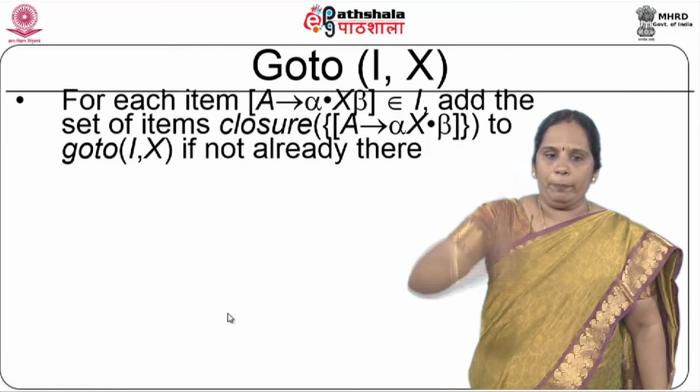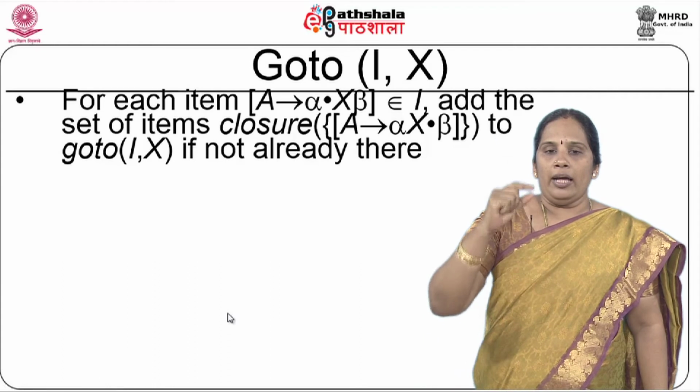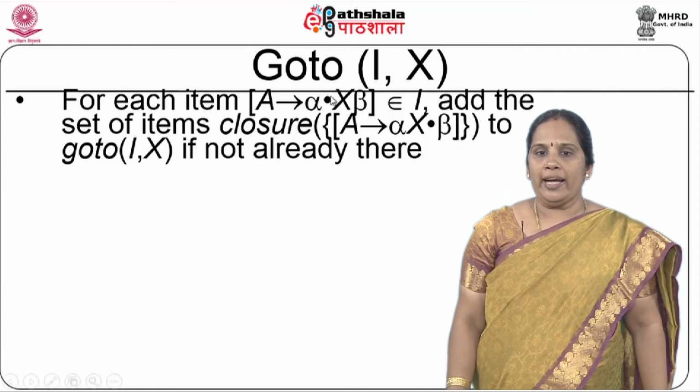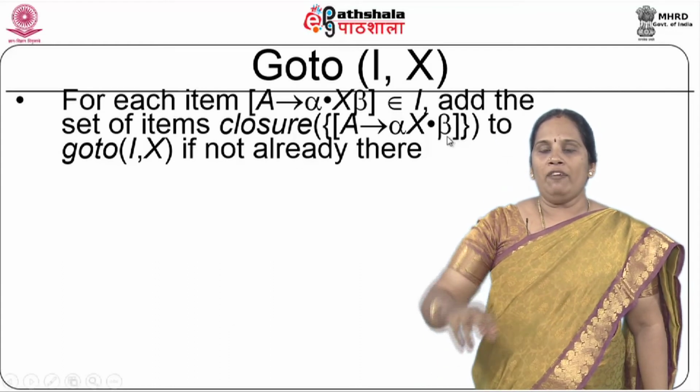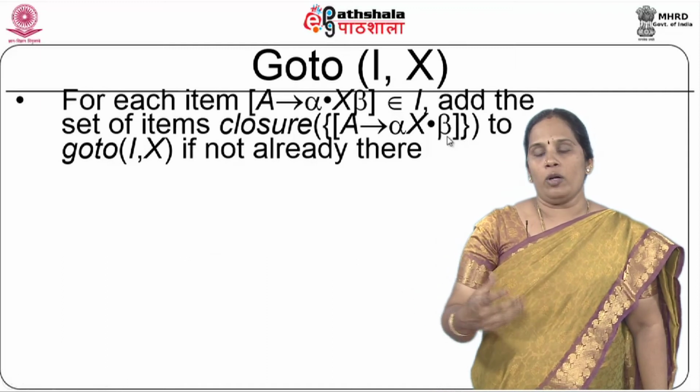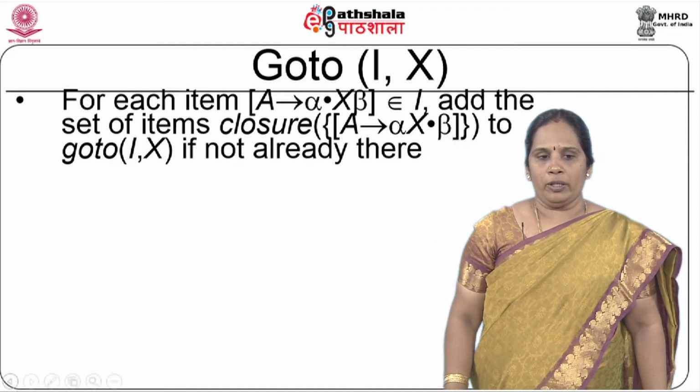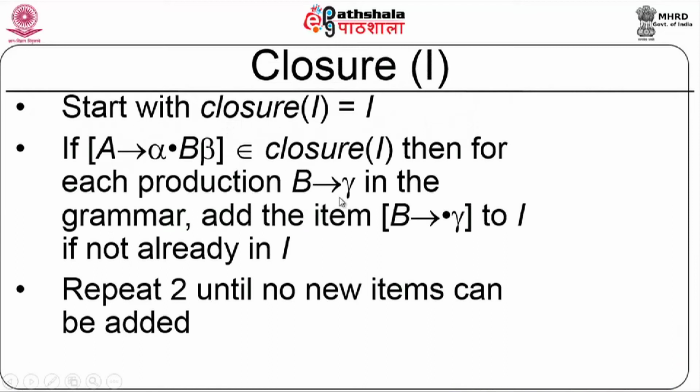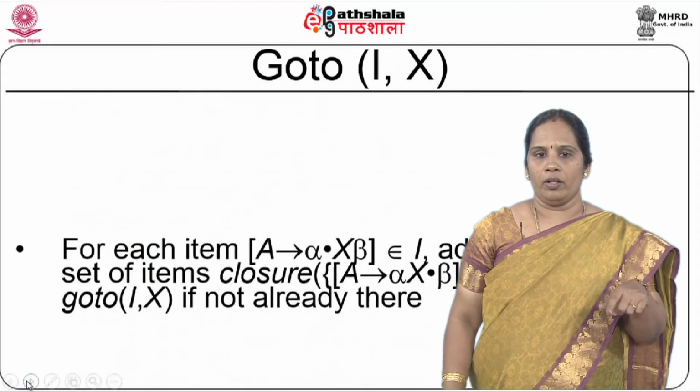Again, you have to carry this out repeatedly, in the sense that if this beta is going to be a non-terminal, you have to keep adding the items closure of I in the set. If you remember the previous slide, again it falls under this particular category. So, I have to keep on iterating goto and closure. Okay.